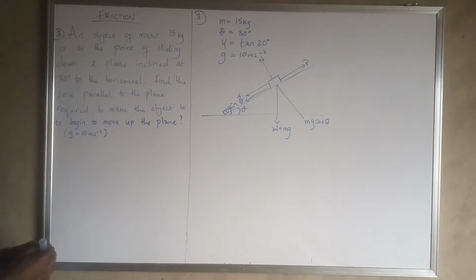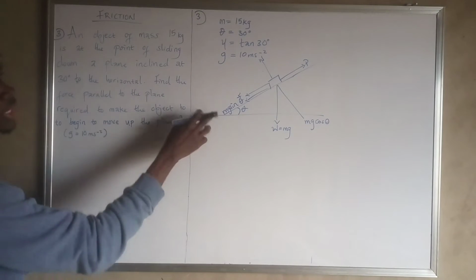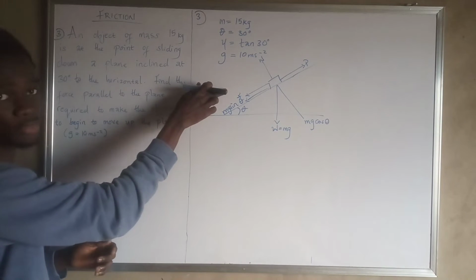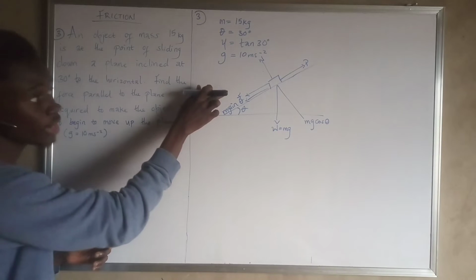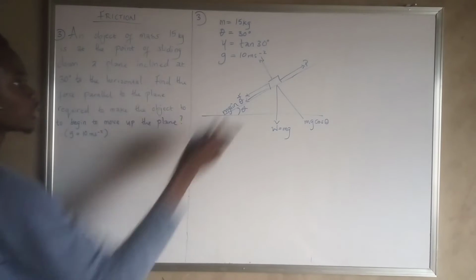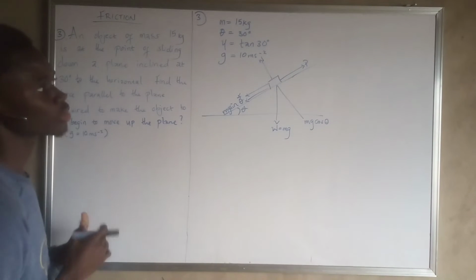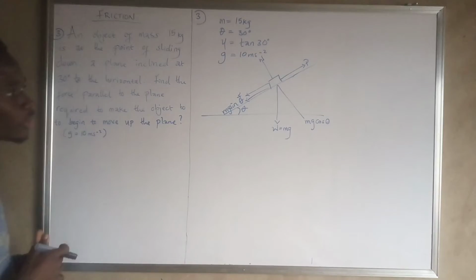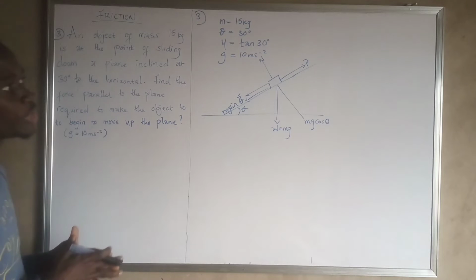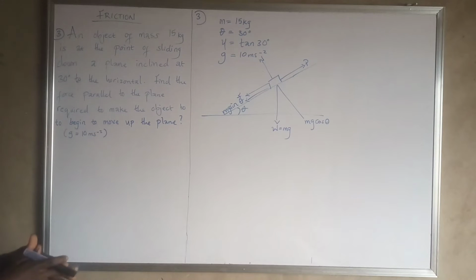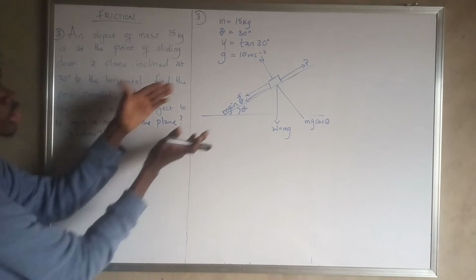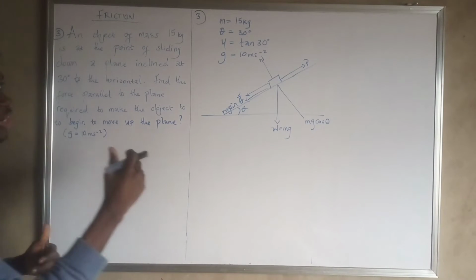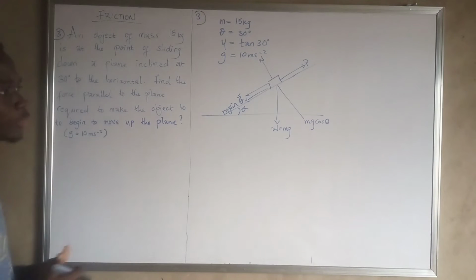So we have two forces here trying to bring the object downward. The natural force, which is the parallel force down the plane, and the frictional force that is going against the direction of motion, or against the direction of the applied force. So the applied force is balancing the two other forces trying to bring the object downward. Or we say these two forces are preventing the object from moving upward.